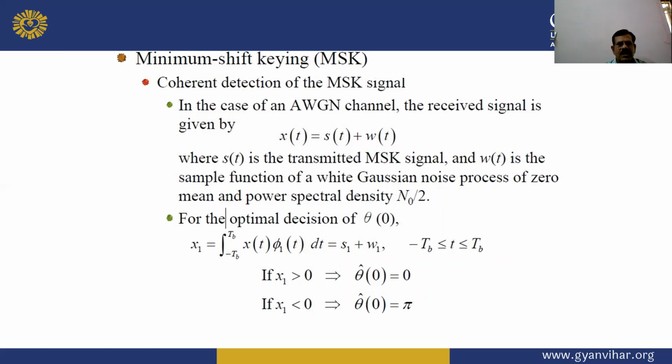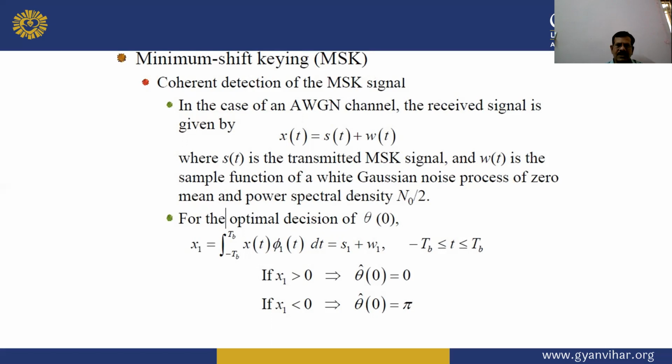Now, in coherent detection of the MSK signal, in the case of AWGN channels, the received signal is given by x(t) equal to s(t) plus w(t), where s(t) is the transmitted MSK signal and w(t) is the sample function of a white Gaussian noise process of zero mean and power spectral density N0 divided by 2.